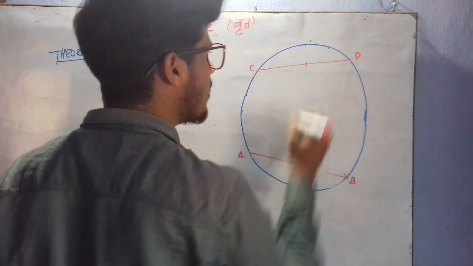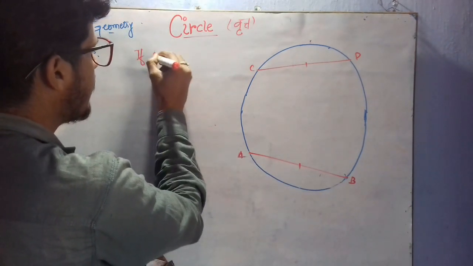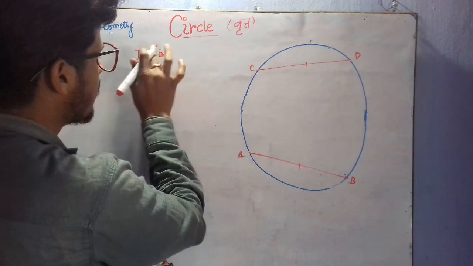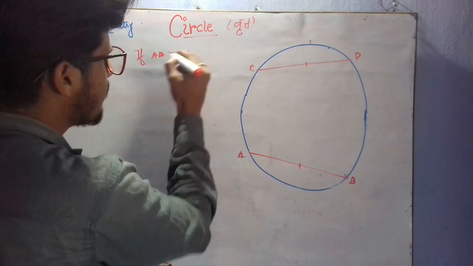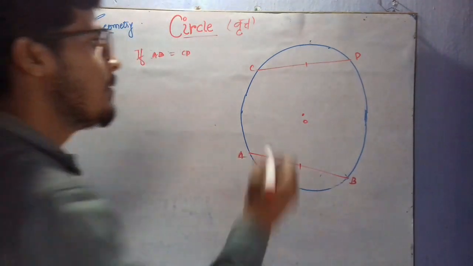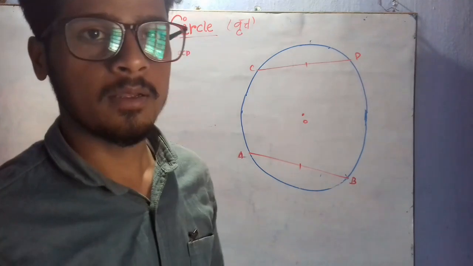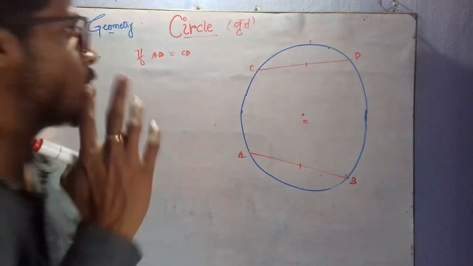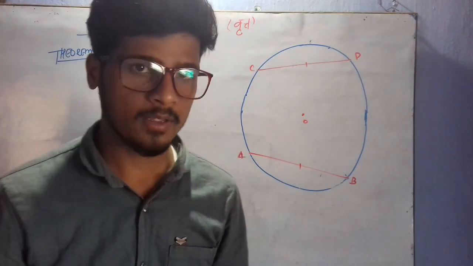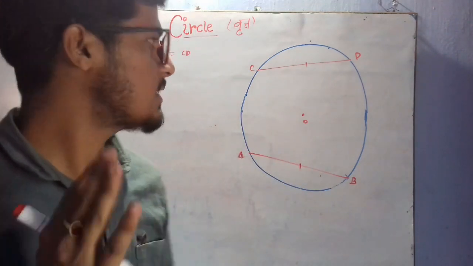If AB equals CD, and this is the center, then both the chords will be equidistant from the center. I repeat, if it is said that two chords are equal in length, then the two chords will also be equidistant from the center.